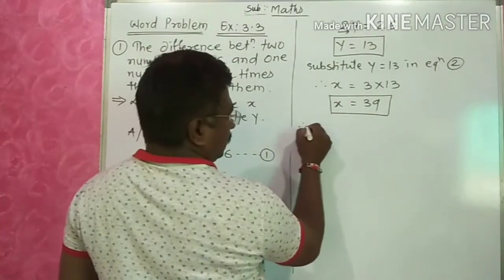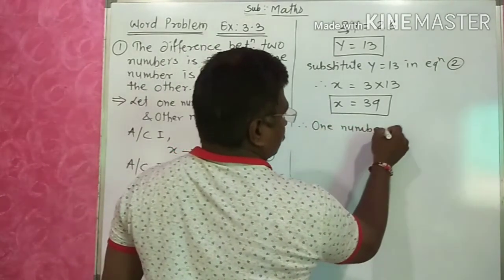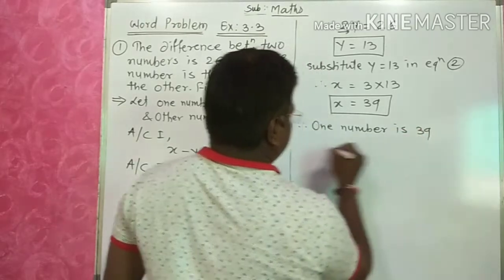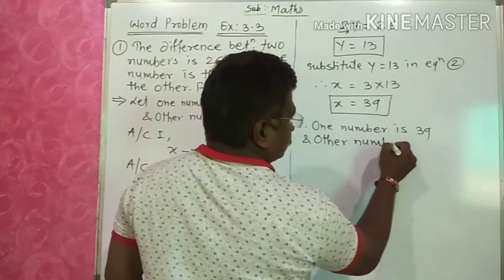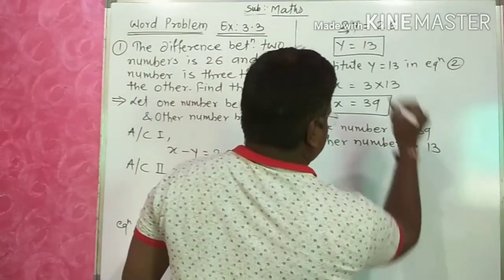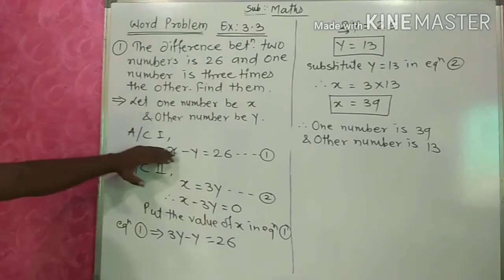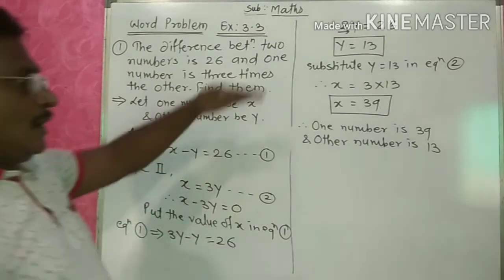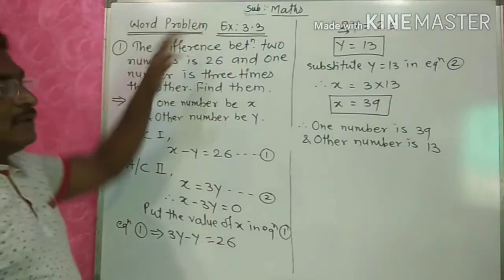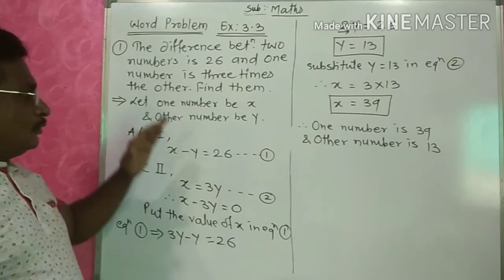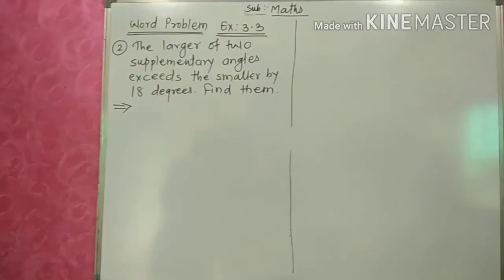Therefore one number is 39 and the other number is 13. Understood, student? Once you make the equations, then how to solve that you know. The most important thing is to form the equations. Okay, student? So we will go on to the second question.